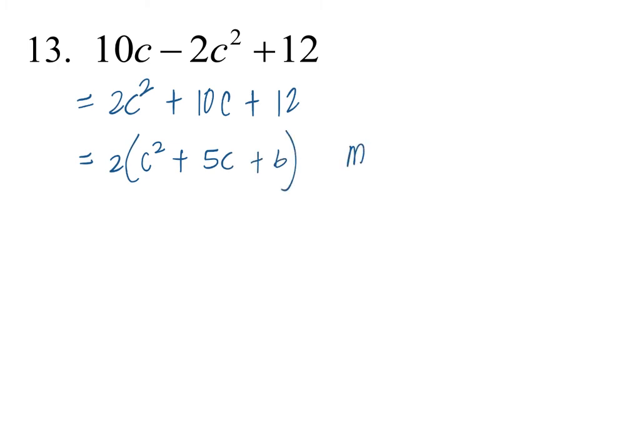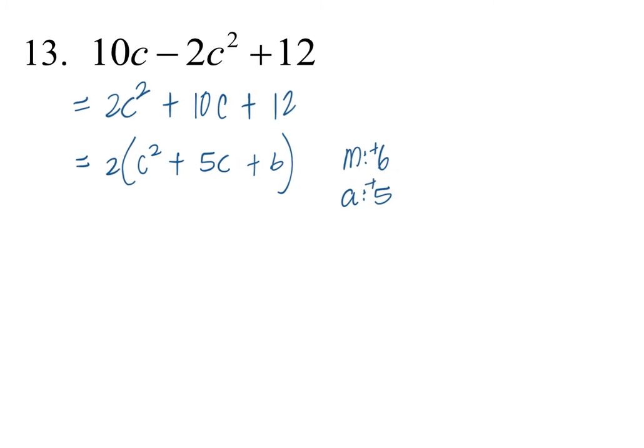So we're multiplying to get 6, and we're adding to get 5. And they're both positive. When you're multiplying to get a positive number, you will have the same sign, either both positive or both negative, but since you're adding to get that positive 5, they'll both be positive.